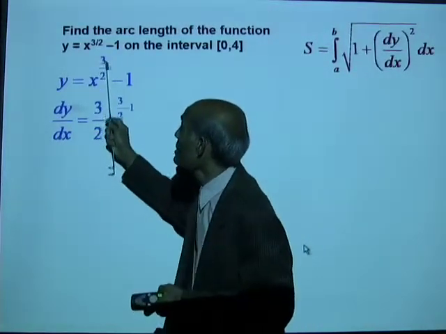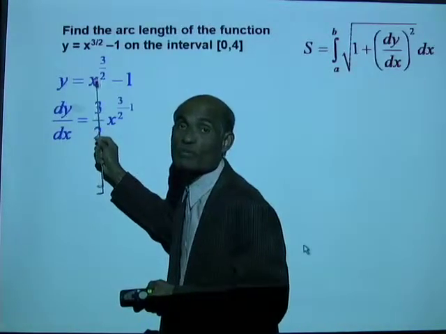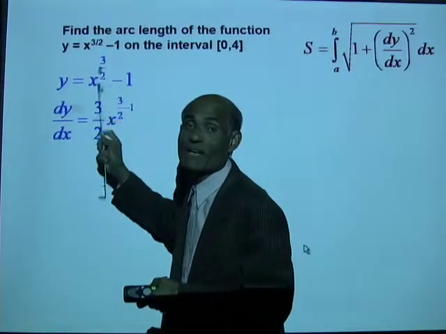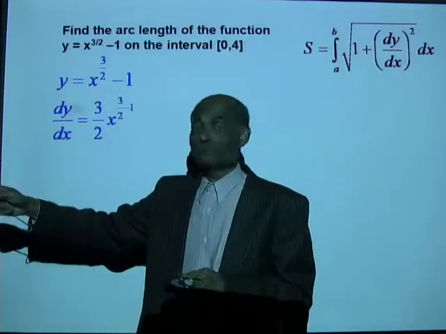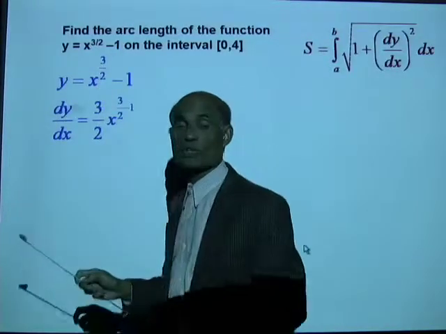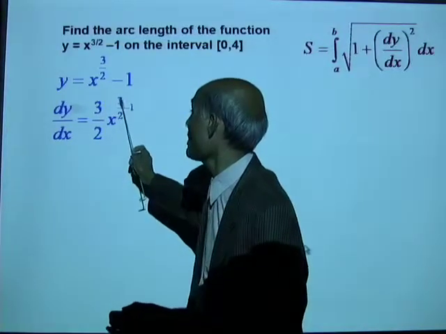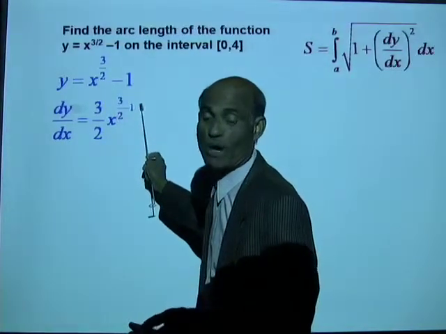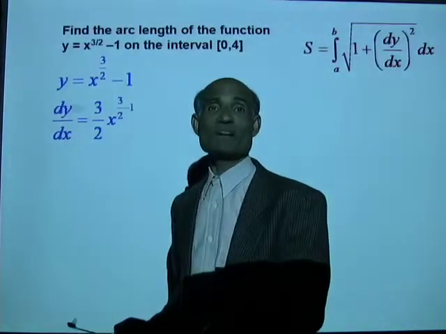The derivative of x to the power of n is n x to the power n minus 1. So, the derivative of x to the power of 3 over 2 is 3 over 2 x to the power of 3 over 2 minus 1. And the derivative of 1 is 0. So you have dy by dx.